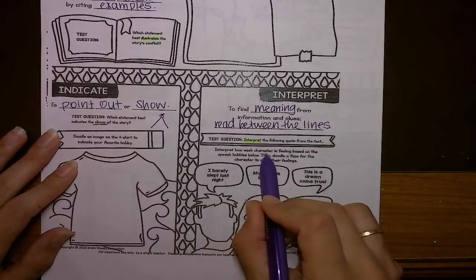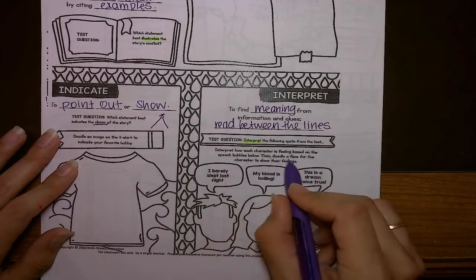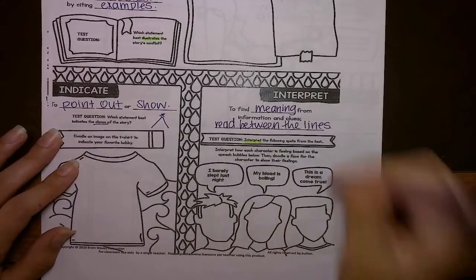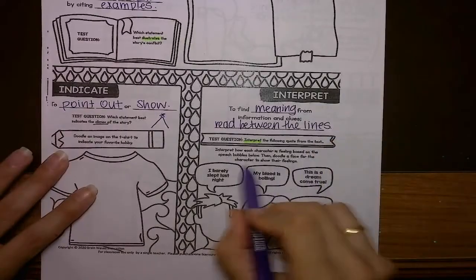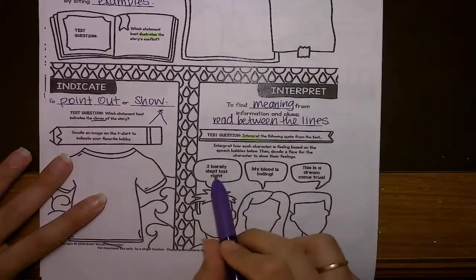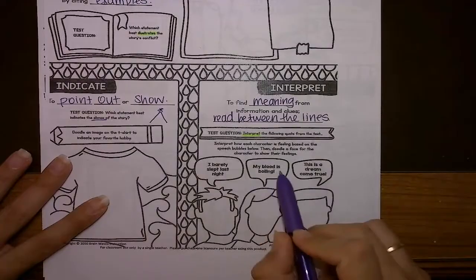Interpret how each character is feeling based on the speech bubbles below. Then doodle a face for the character to show their feelings. Okay. So, I barely slept last night. We kind of got an idea what his face would look like, right? My blood is boiling.